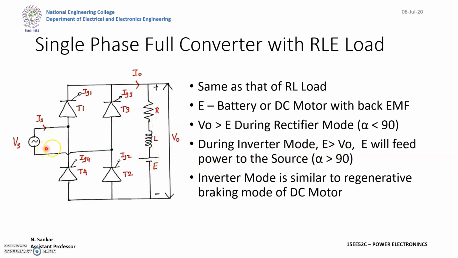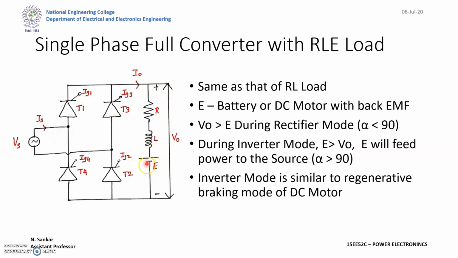For the inverter operation, as I already told, we transfer power from load to source. Here the power will be transferred by the EMF E. This is similar to the regenerative braking mode of operation in a DC motor. You can simply replace E by a motor, meaning that during the inverter mode of operation, the back EMF produced by the DC motor will supply the source.